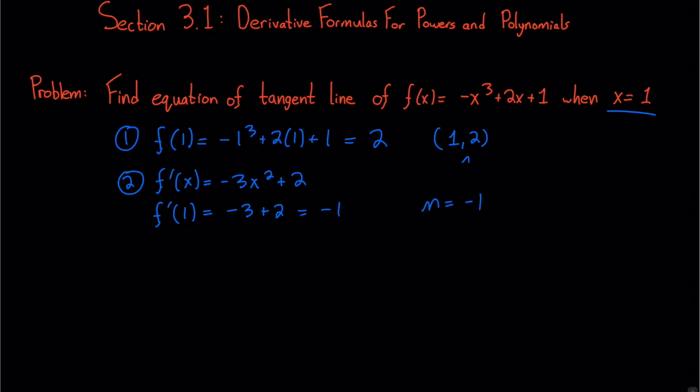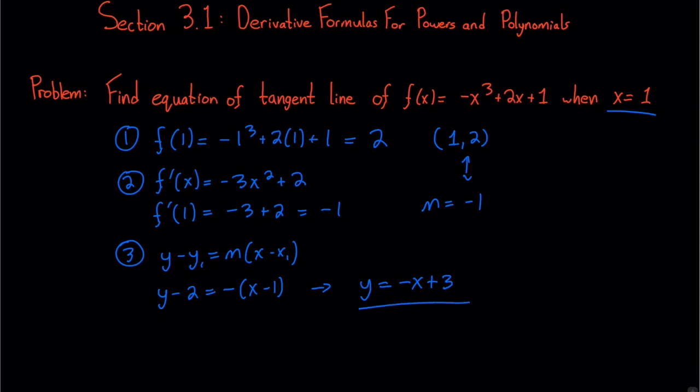Now we have our point and slope, and we're going to use our point-slope formula, plug it in, and hopefully get our answer. So we have y minus 2 equals negative x minus 1, and this will go to y equals negative x plus 3 as our final answer. That's the equation of the tangent line.